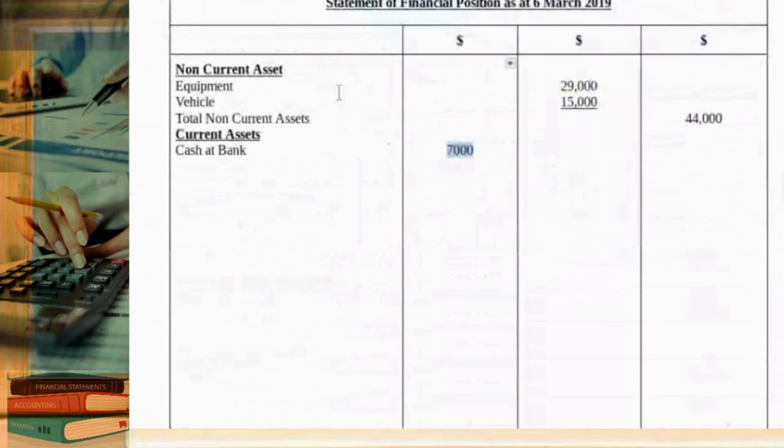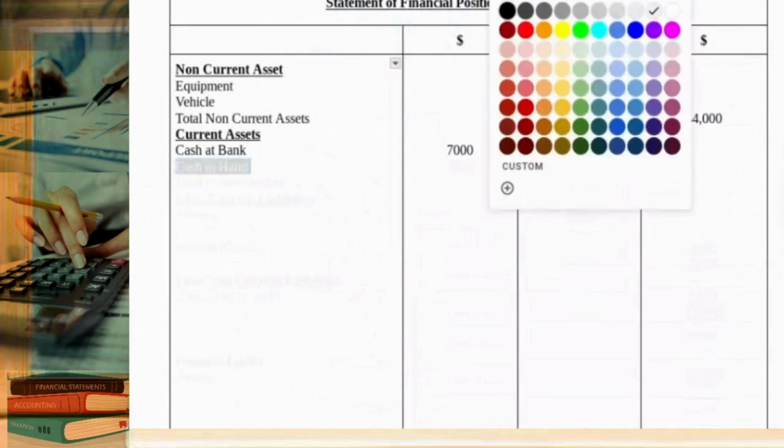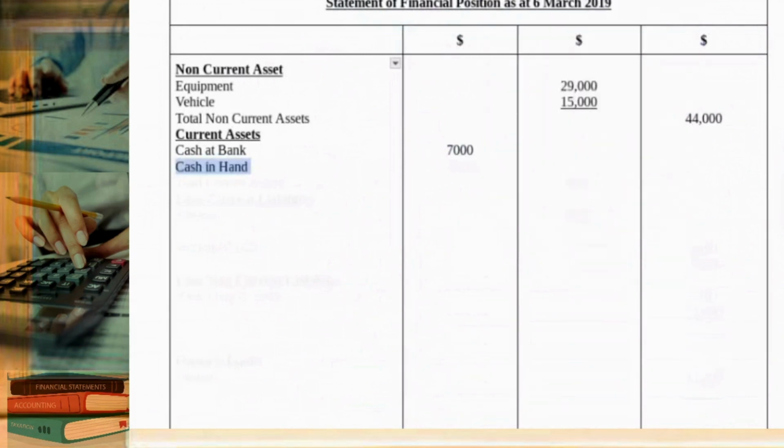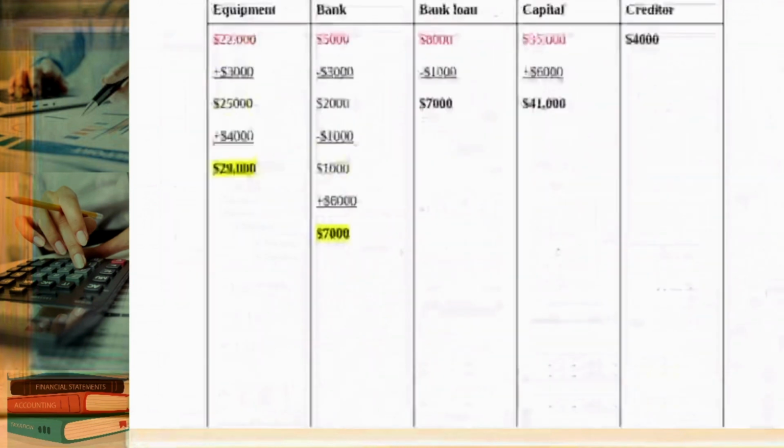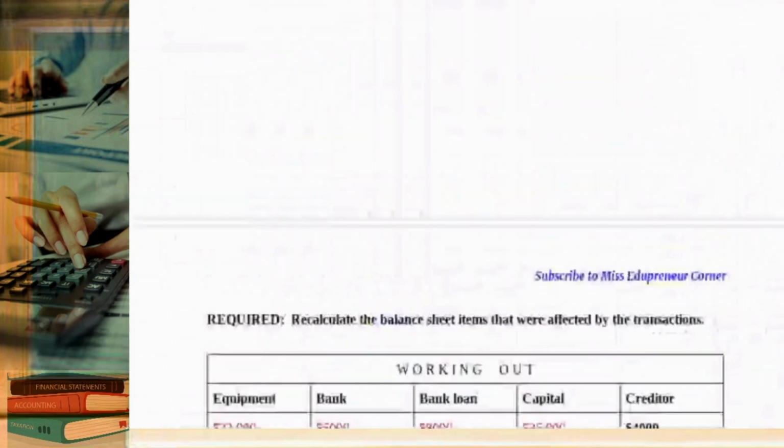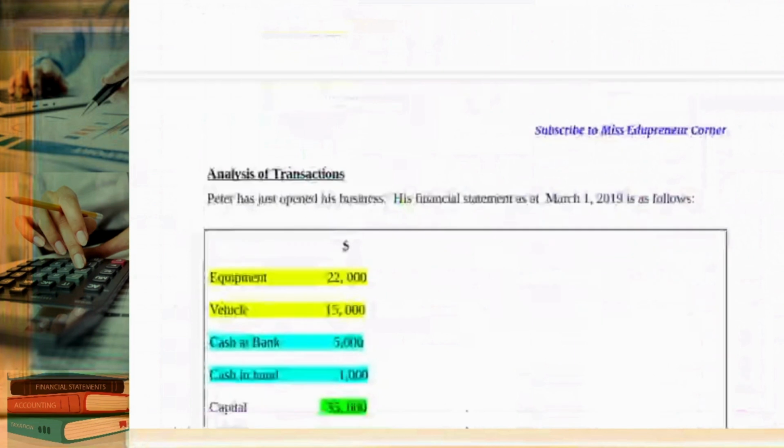And then now we're going to record our cash in hand. And cash in hand was not affected in any of the transactions, so the figure would remain the same as in the old balance sheet. So that's $1,000.